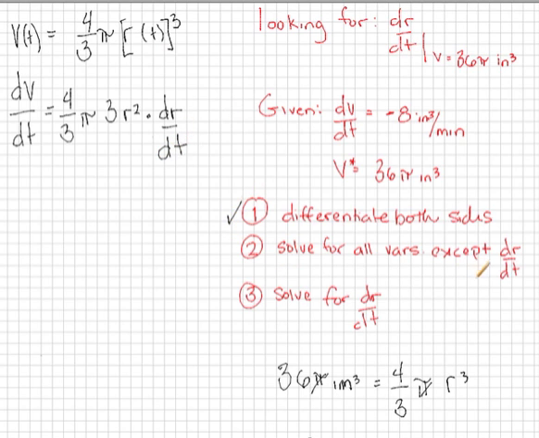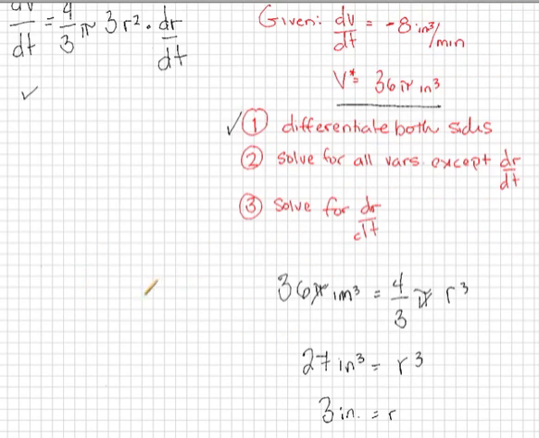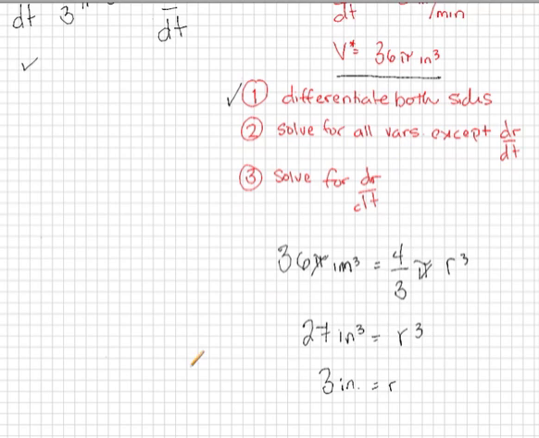So we can start with step 2 now. We're going to solve for all of our variables except dr/dt. It looks like we already have a number for dV/dt, so we're good there. 4/3 pi is just a constant. And r squared. We don't have anything for r yet, but what we do have is the volume at the time that we're concerned with, and we have a formula for volume, so we can solve for r.